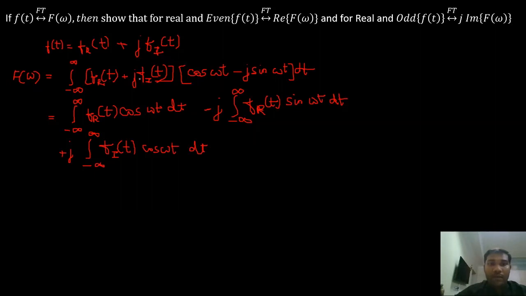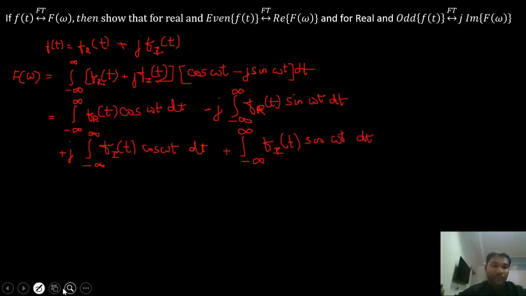And here if I multiply the last two terms, plus j into minus j is plus 1, integral from minus infinity to infinity f I of t into sine omega t dt. Right?